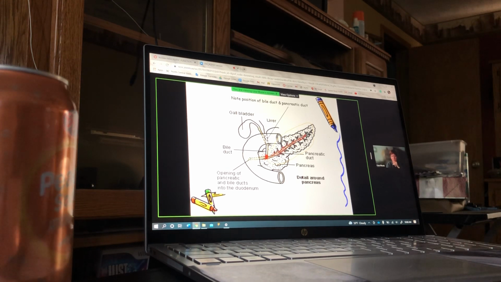So this picture is just to portray the fact that if we have any type of liver or gallbladder issues, it may not be a pancreatic issue. It could be something causing some type of swelling here at this outlet that will not allow the digestive enzymes to take place. Okay, so that's kind of why I show the picture of this, just so you can get some idea of what's happening within the pancreas.